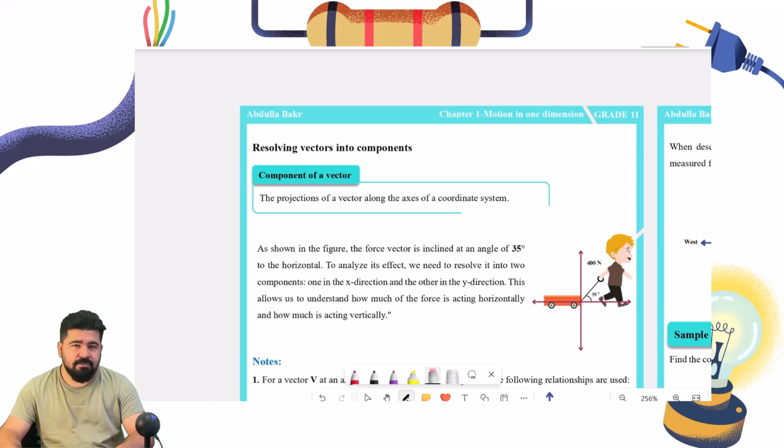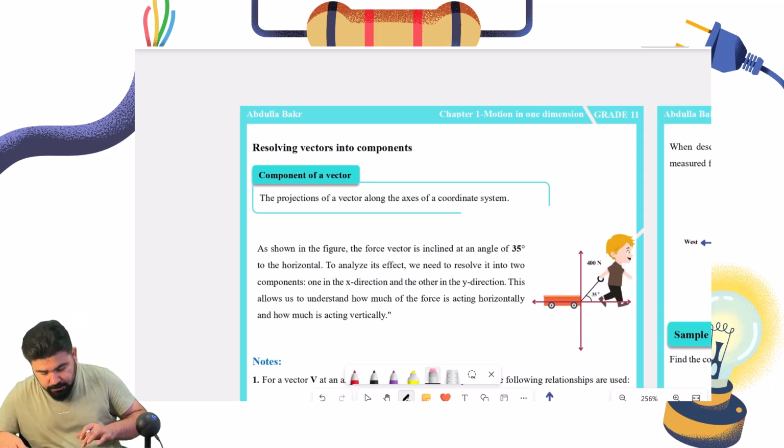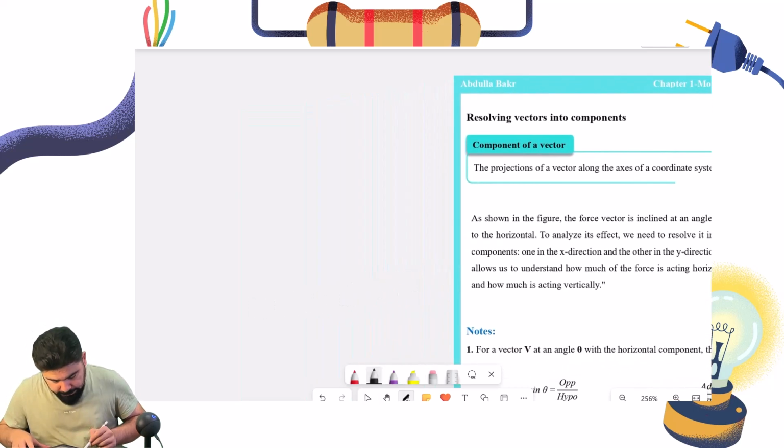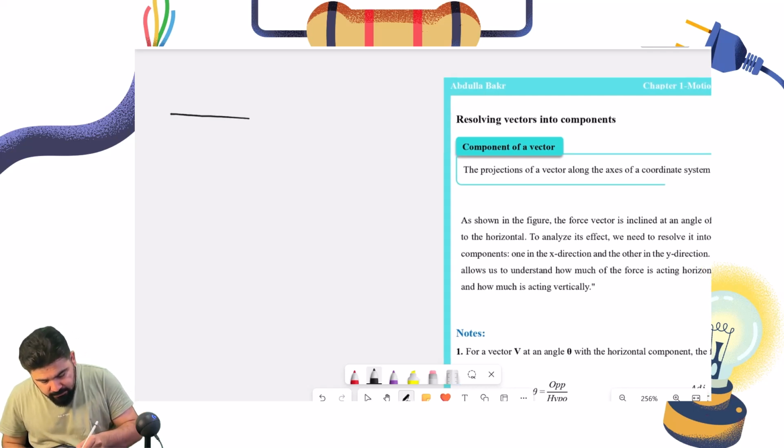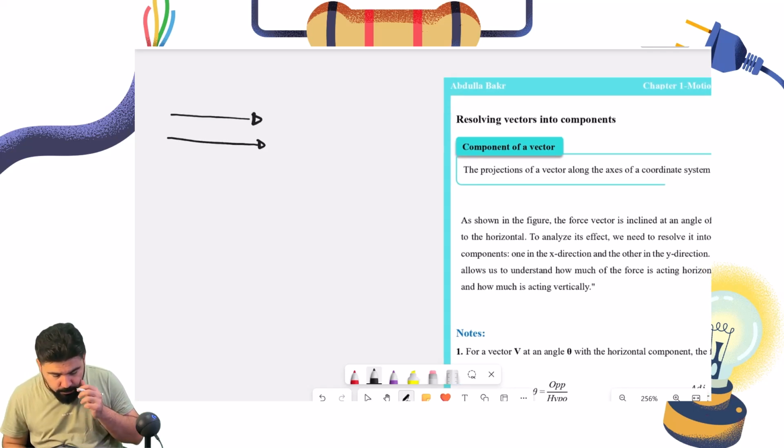Now, in the previous video, we learned how we can add two vectors together that are parallel. And we also learned how we can add two vectors that are perpendicular to each other. Just to remind you, we had parallel vectors like that, with the same direction, or sometimes with different directions.